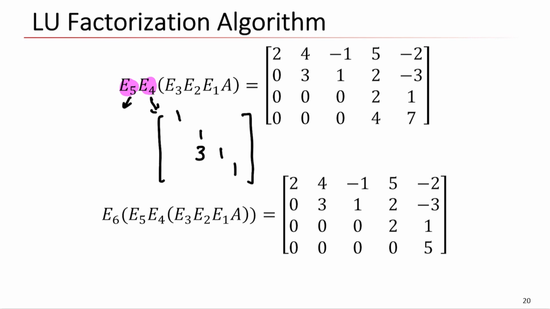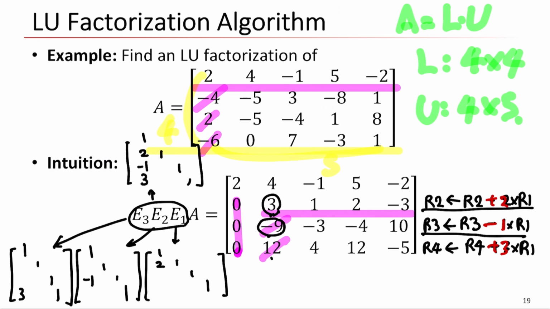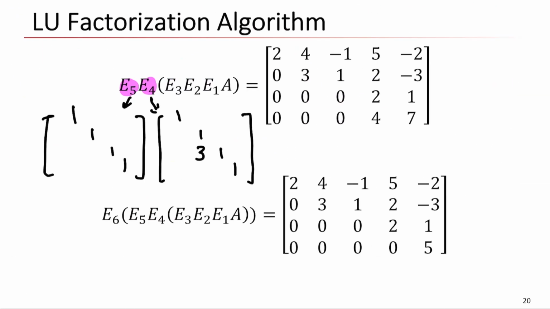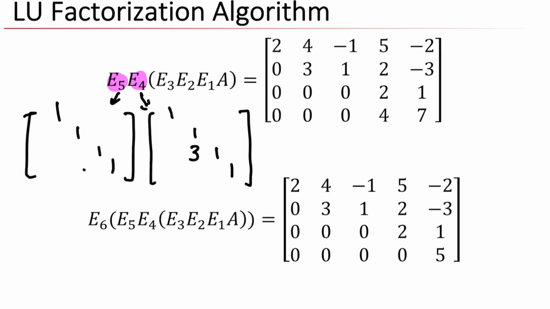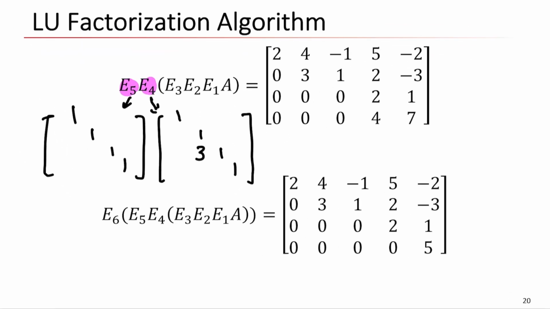Then what about E5? Something like negative 4. Okay. So the E5 times E4 will be 1, 1, 1, 1, 3, negative 4.